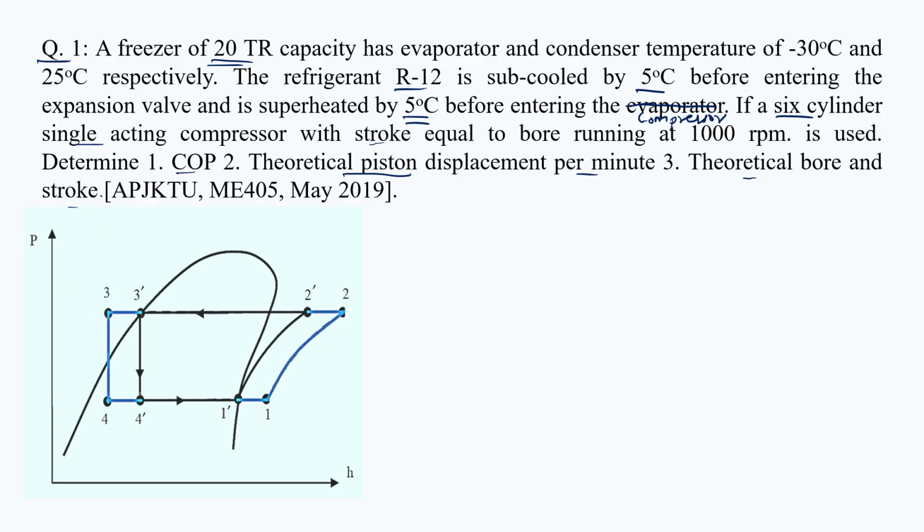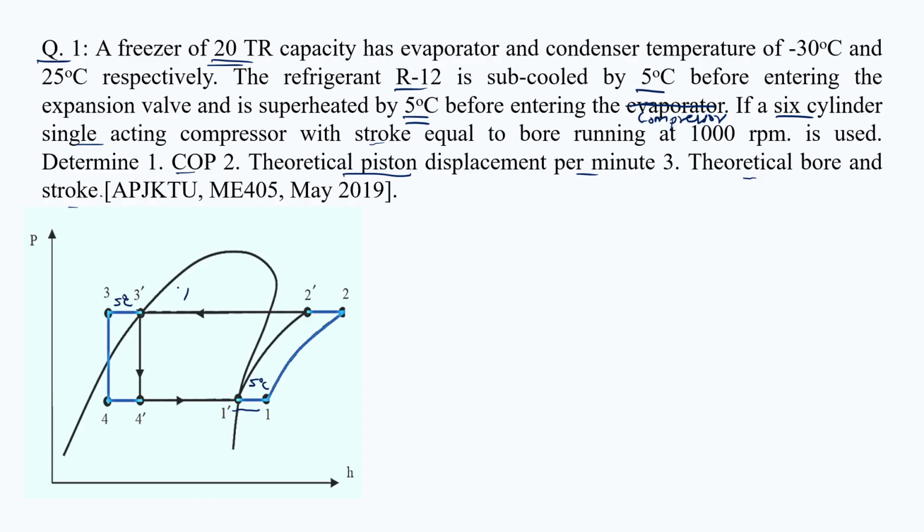We have written our actual PS diagram with a heat exchanger. So 1, 2, 3, 4 is the cycle we have to take, while 1 dash, 2 dash, 3 dash, 4 dash actually belongs to the ideal VCRS. Also, the temperature difference between 1 dash and 1 is 5 degrees Celsius. Also, the temperature difference between 3 and 3 dash is 5 degrees Celsius.